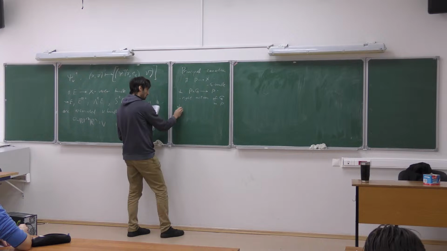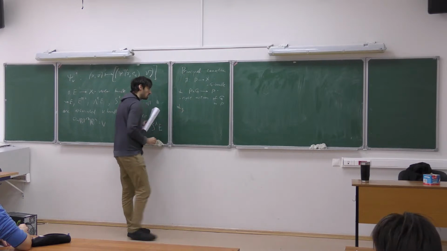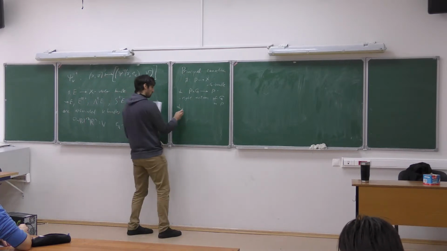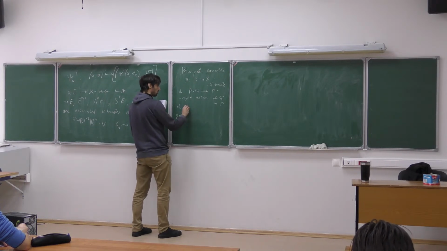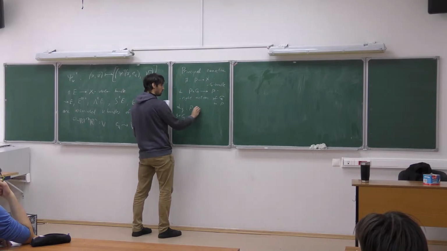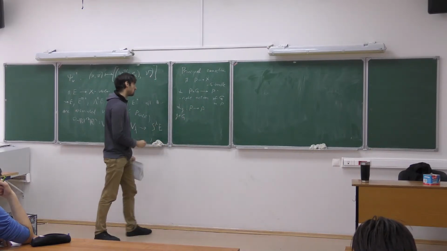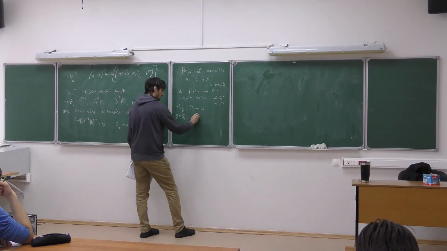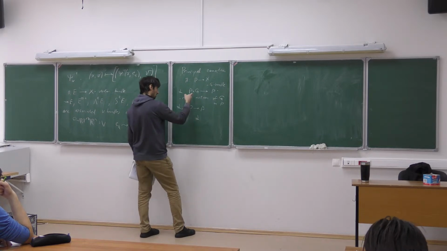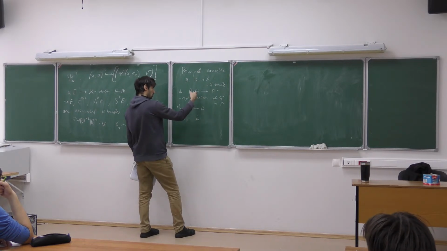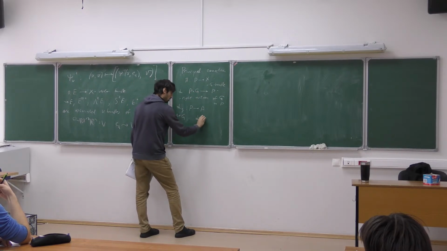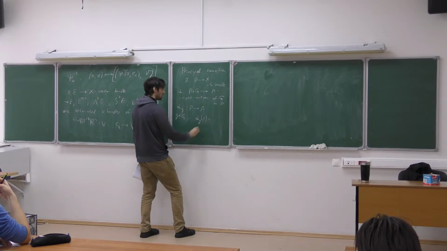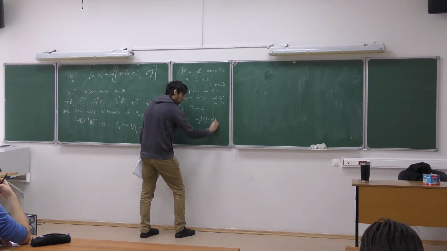I need a map that I will call alpha g, for any element g from G, from P to P. And this is just restricting this to one point in G, right? So alpha g of p is the same as alpha of pg.